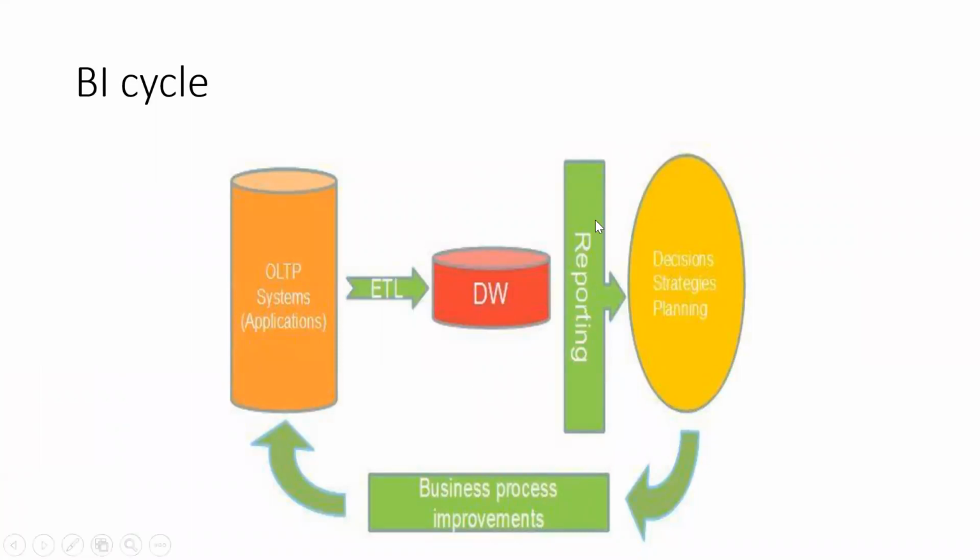They're designing suitable graphs and charts that are presented in front of the decision maker, the business analyst, or the particular strategy owner. They will check those charts and graphs, and they will take decisions, or they will check the strategy for the next day's business planning.